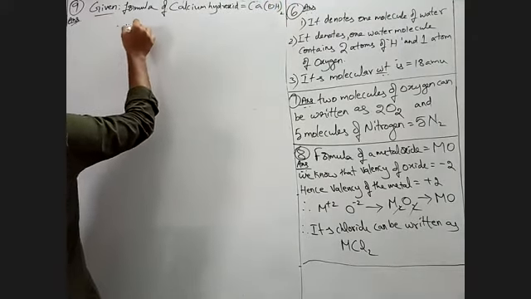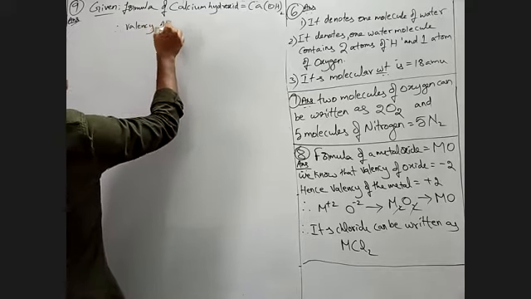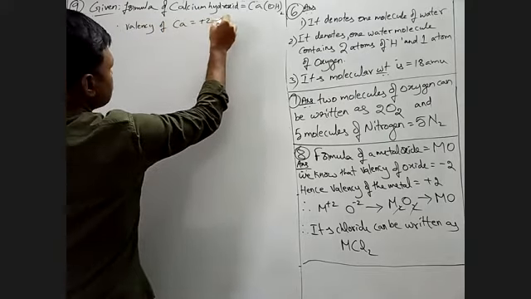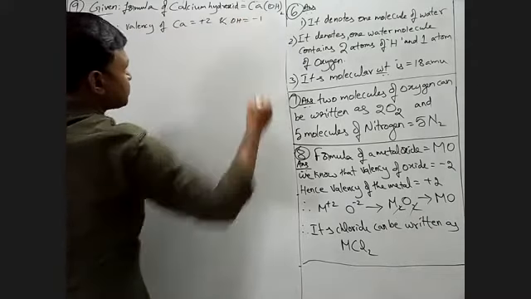Therefore, valency of Ca equal to +2 and OH equal to -1.